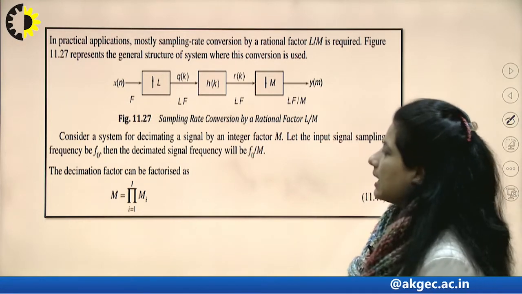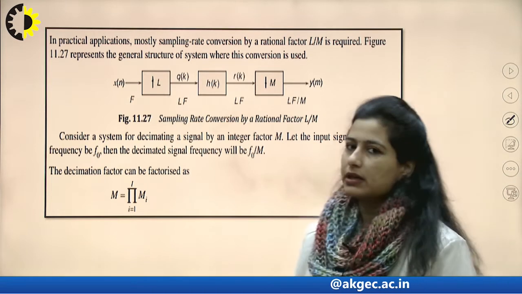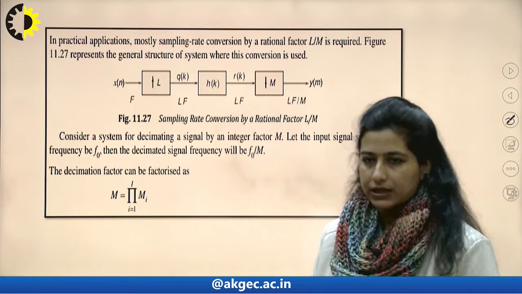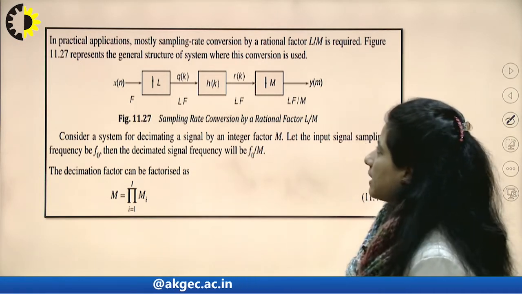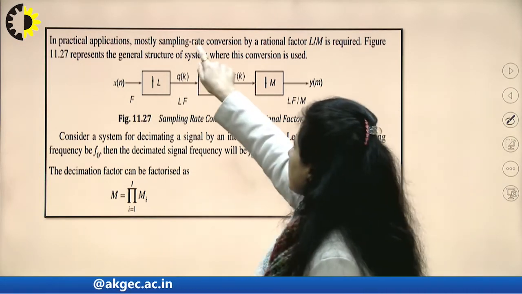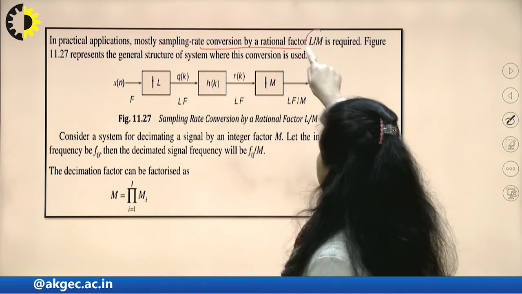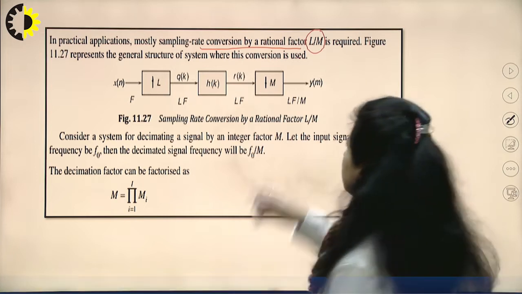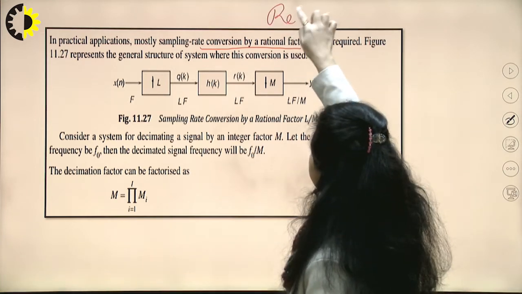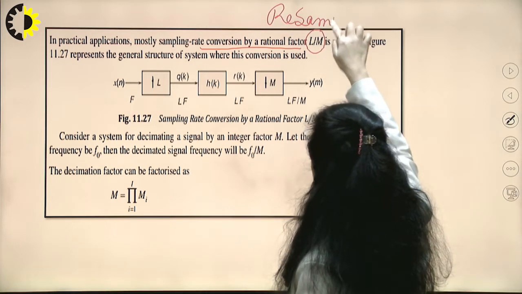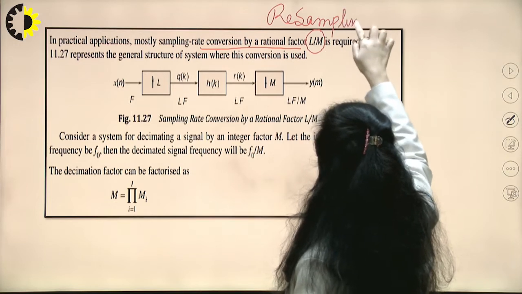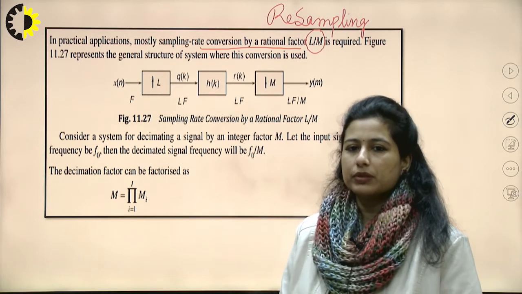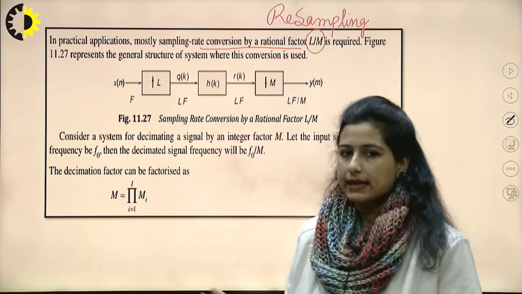So let us see how this cascading is done. If we do the cascading for a decimator, the same would go for the interpolator as well. In practical applications, most sampling rate conversions are L by M, which we have already seen in the last discussion under the name of resampling, when both processes, decimation and interpolation, go together in the form of a cascade structure.